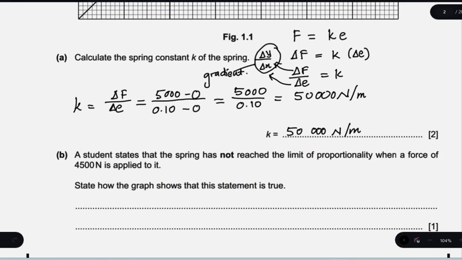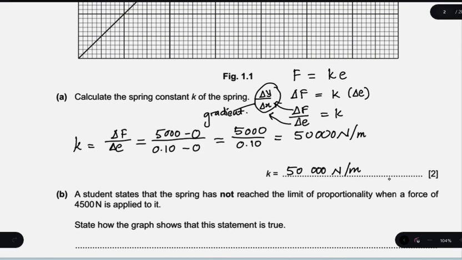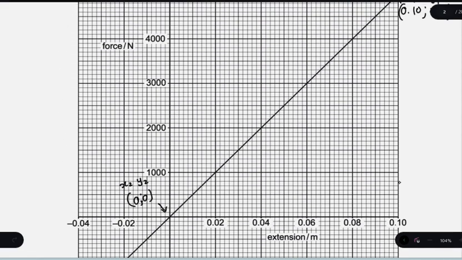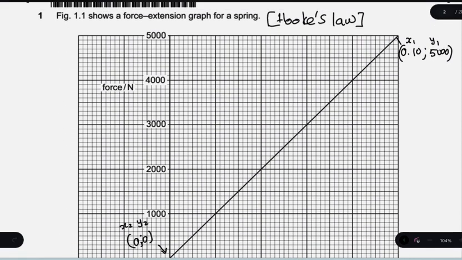Now let's see what part B is saying. A student states that the spring has not reached the limit of proportionality when a force of 4,500 newtons is applied to it. State how the graph shows that this statement is true. If you look closely on the graph, you can see that when a force of 4.5 is applied, 4.5 is somewhere there. That's where 4,500 is.